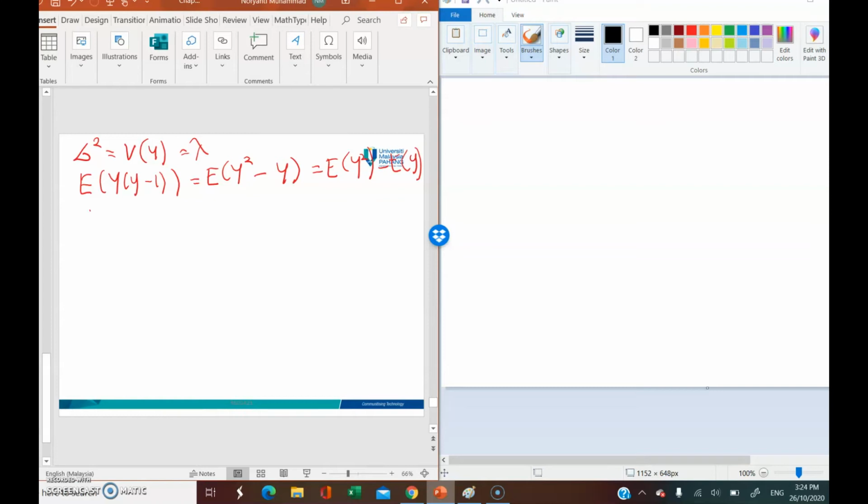And then V(y) is what? Expected x squared minus expected x, all squared. Why x?